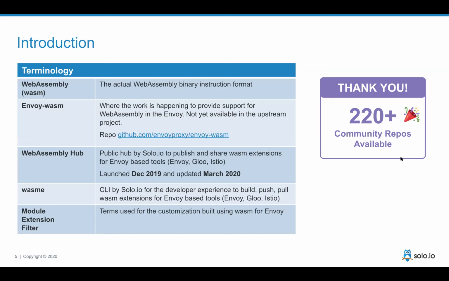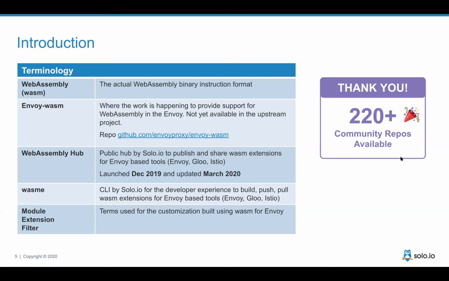We have the WebAssembly Hub, which is a public storage backend for managing WASM modules, like Docker Hub would be for Docker images. This, coupled with WASME, as well as the backend components that we've built, basically gives you the ability today, using either Gloo or Istio, to deploy WASM modules that you built locally.